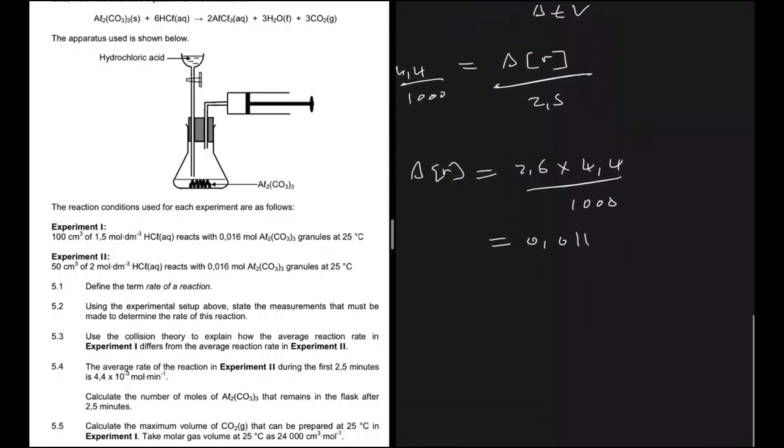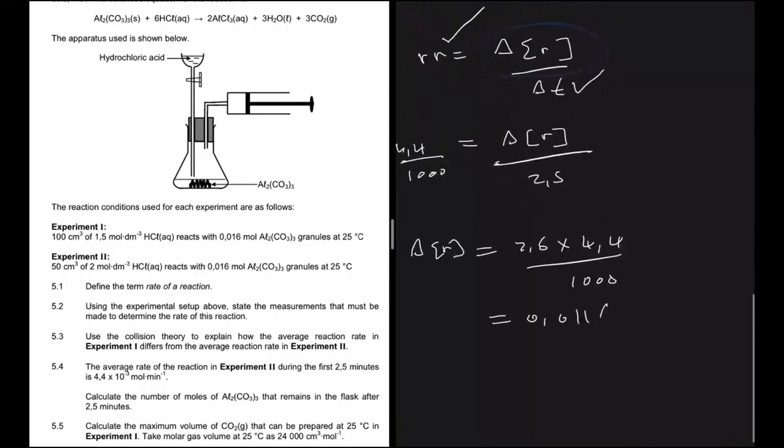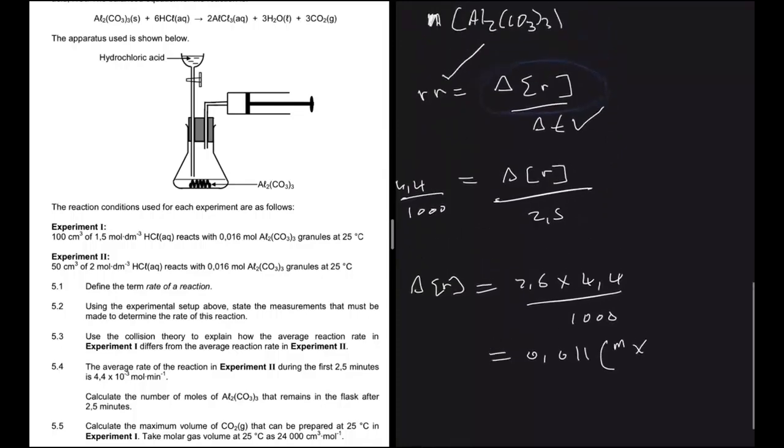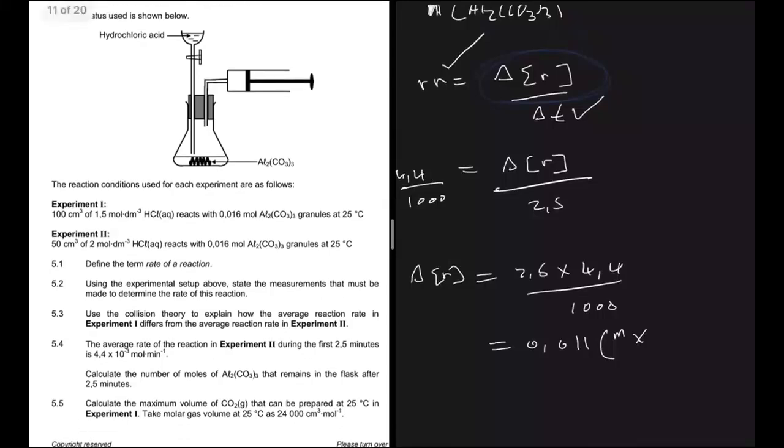We're getting 0.011, but then what's the SI unit? We know that 2.5 is in minutes, right? And it's been multiplied by the reaction rate, which is in moles per minute, right? So the minute and the minutes cancel out.